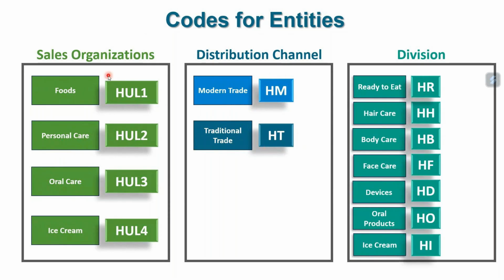This is a four-character alphanumeric code allowed by SAP. And then we said divisions would be again a two-character alphanumeric code. And we said HUL ready to eat, HUL hair care, body care, face care, devices, oral products, and ice creams. Okay, this is how we've thought we'll do the naming convention for our divisions as well.